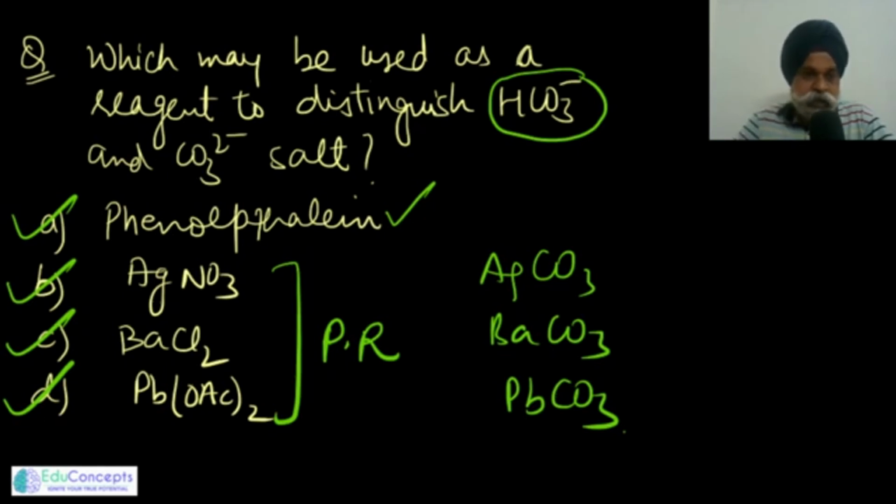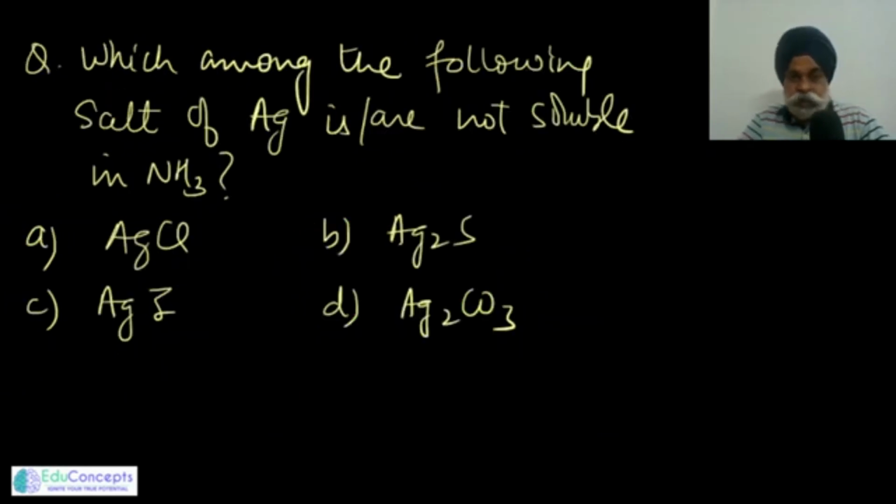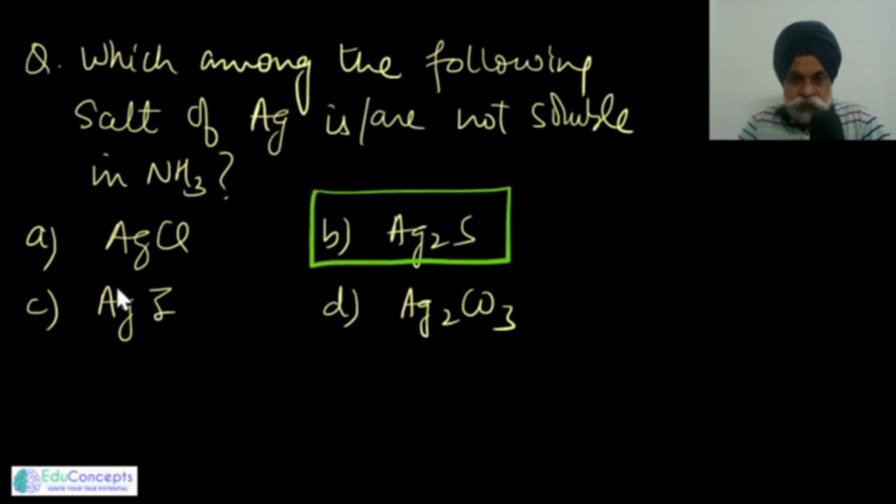Moving ahead, I have made a lot of questions, but for today's session let us do a few more. Which among the following salts of silver is or are not soluble in ammonia? I told you categorically a few minutes back that this particular salt and this one would not solubilize in ammonia.